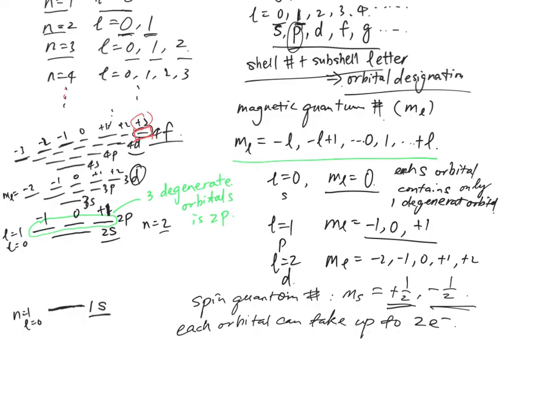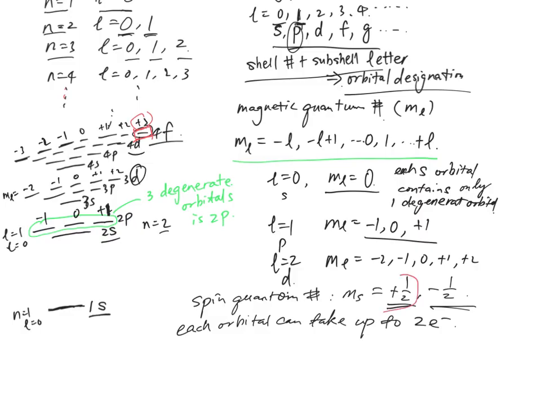Okay, so those 3 sets of quantum numbers really describe every single orbital that's available in the scheme. But when you put electrons into these orbitals, especially when you put 2 electrons into these orbitals, then I gotta be able to differentiate these 2 electrons. How do I differentiate these 2 electrons?